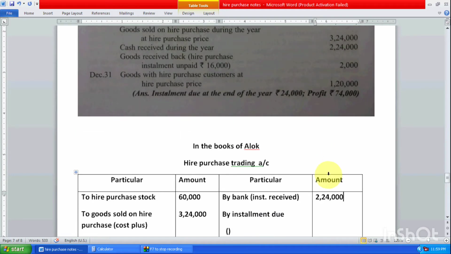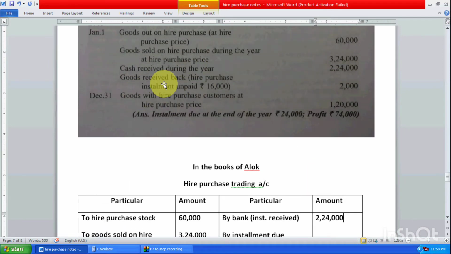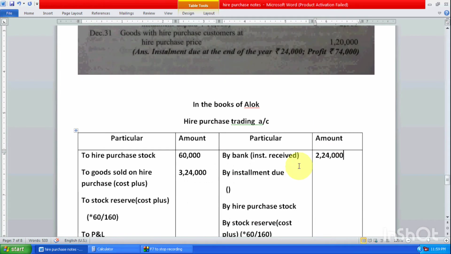Before that, see there is a return back. The 2,000 rupees is a return back. In this question we don't have any installment due, so goods returned, or return back, is 2,000.